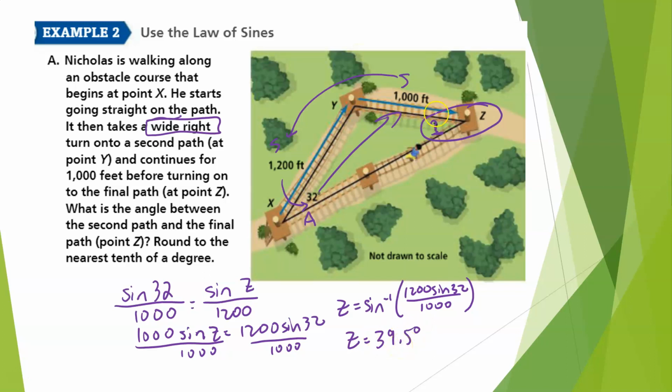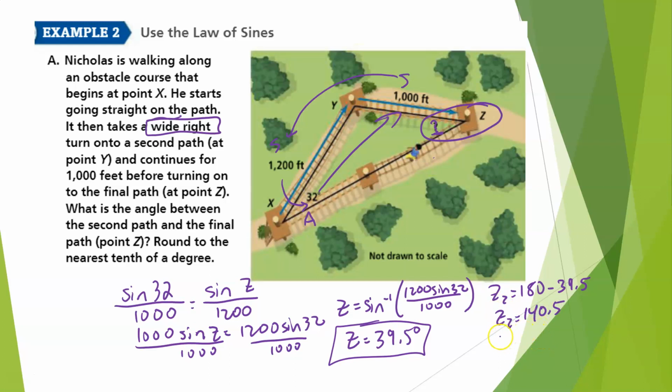Okay, so he could turn 39.5 degrees to make it. That's one option. Now again, I could check to see another option, which would be 180 minus that answer because it's the ambiguous case. So 180 minus 39.5 gives me 140.5.